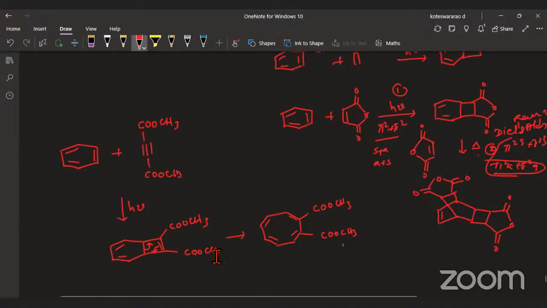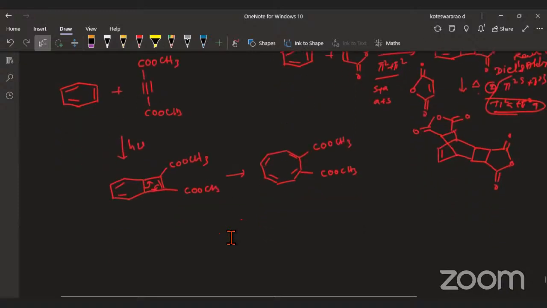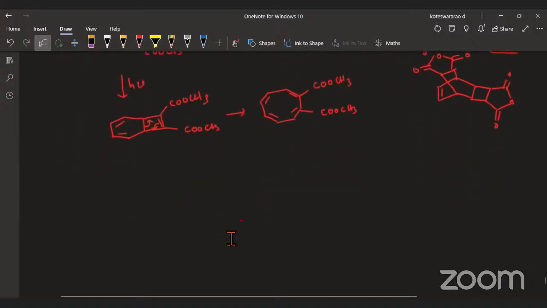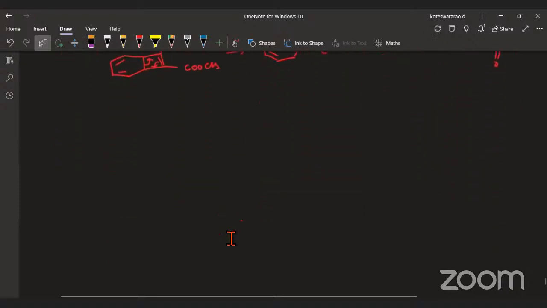That means the triple bonded alkynes are undergoing the addition reaction and are further undergoing rearrangement that leads to the formation of higher membered cyclic systems.